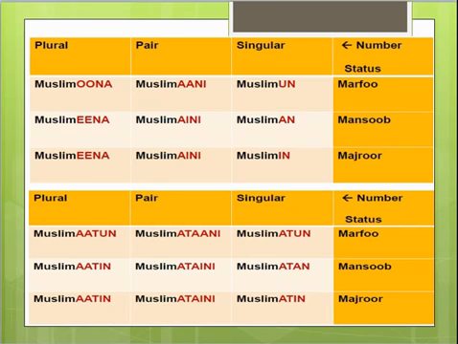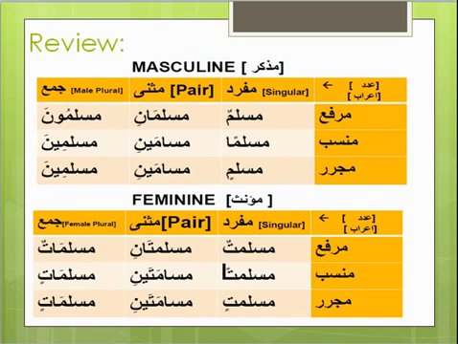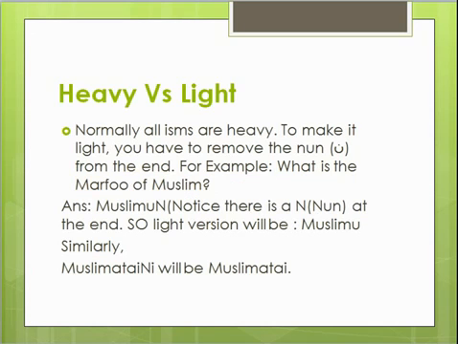So the thing was that there's one word, Muslim, and then there was something that was added in the end, which changed the number, gender, and even the status also. I hope you all remembered that, because you're supposed to memorize this one. Without that we cannot understand anything today.